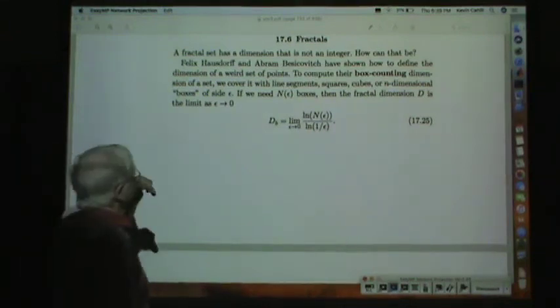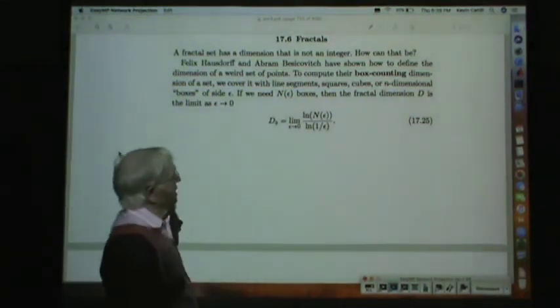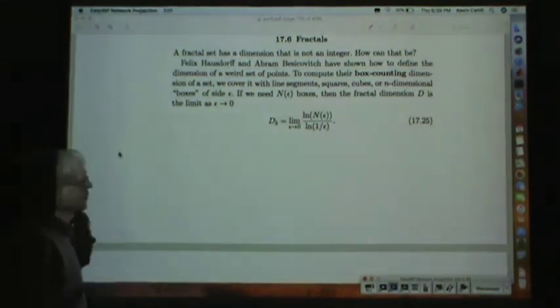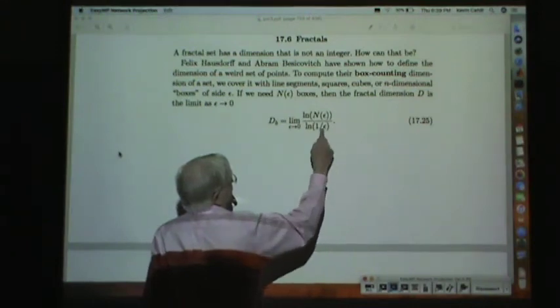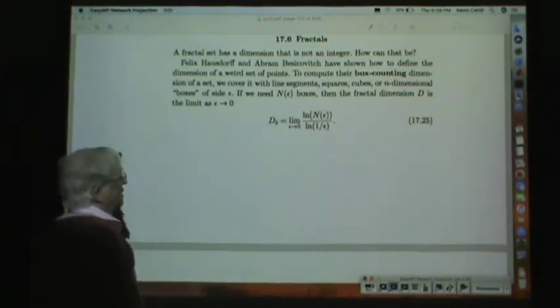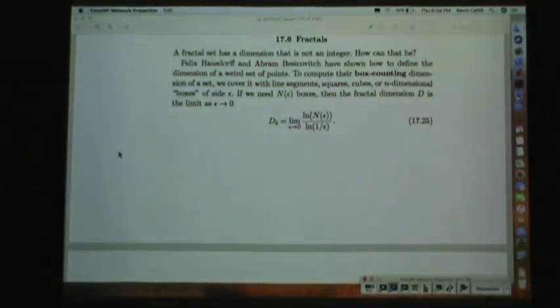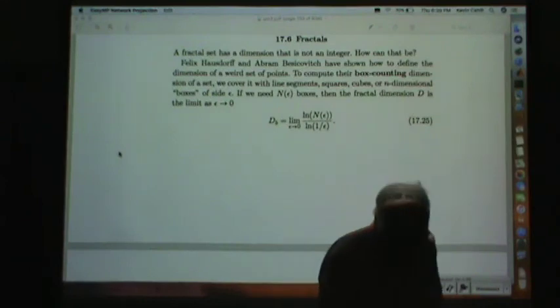And if you need N of epsilon boxes, then you take the ratio of the log of N divided by the log of 1 over epsilon, and you take the limit as the size of these boxes goes to 0. And that's the box counting dimension.